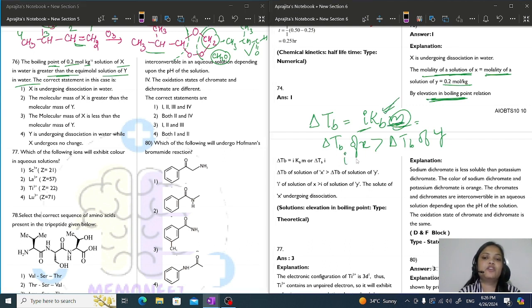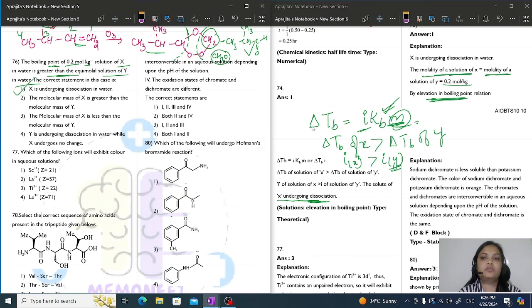It means the value of i for X would be more than i for Y. So the solute of X is undergoing dissociation in this case. That is going to be the answer, option number 1.